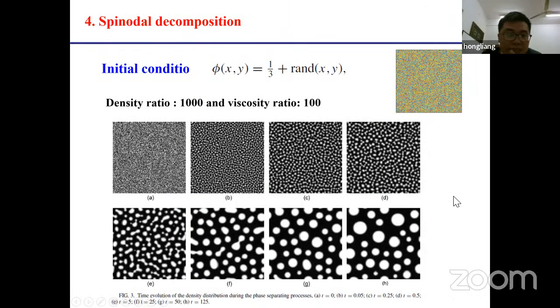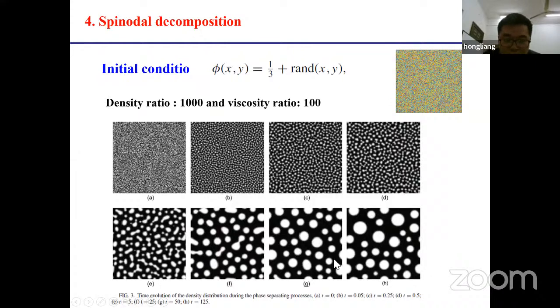The first test is the spinodal decomposition. We can see that at the first time the system is just mixed, and as time goes on, the liquid phase separates from the gas phase, and we can see the two phases in the system.